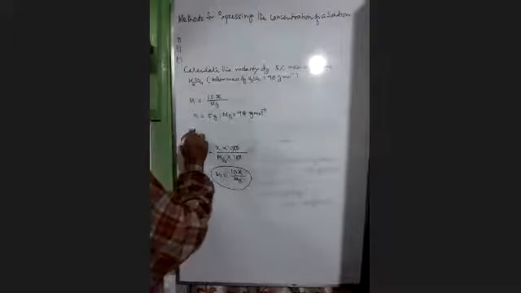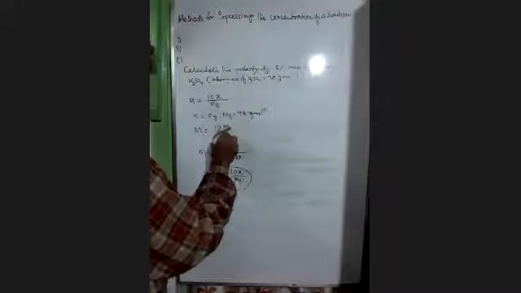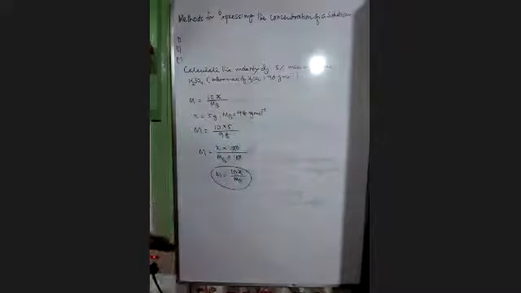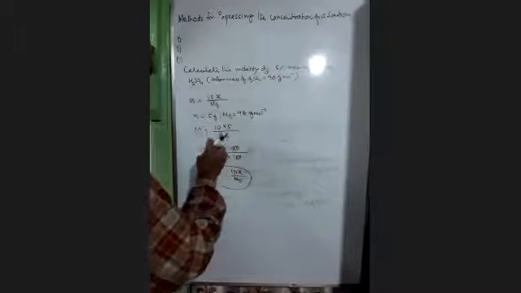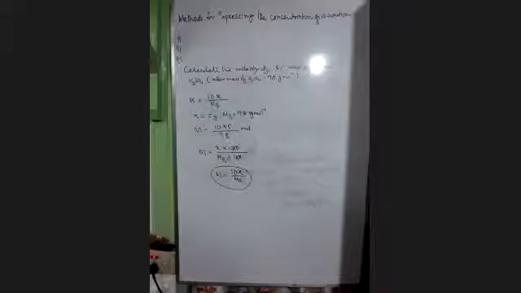So M is equal to 10 into 5 divided by 98. Gram and gram will get cancelled. So what will happen? Mole is below now, it will come here. Mole. Find it. Divide.